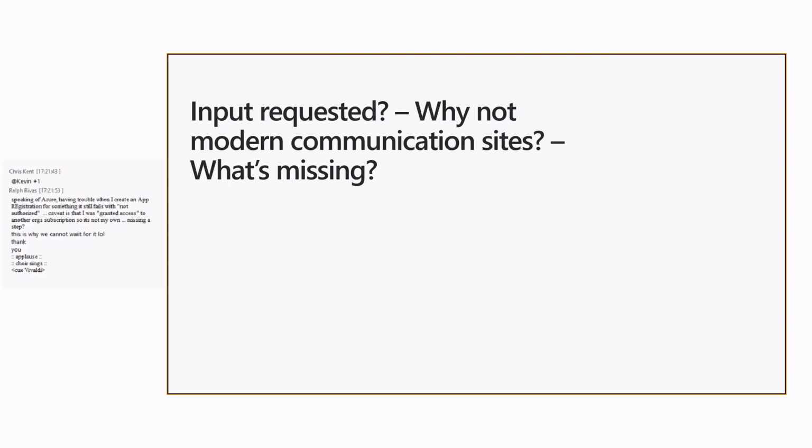Now, one of the things we're looking into from a SharePoint engineering side, addressing as fast as possible, is what's missing from modern communication sites. And I know this is kind of a stupid question, because it's like, well, enable publishing sites, have a look at what we have in the classic publishing site and make all of those happen in the communication site.